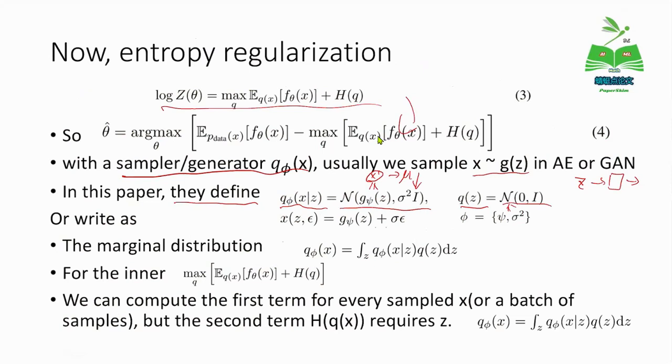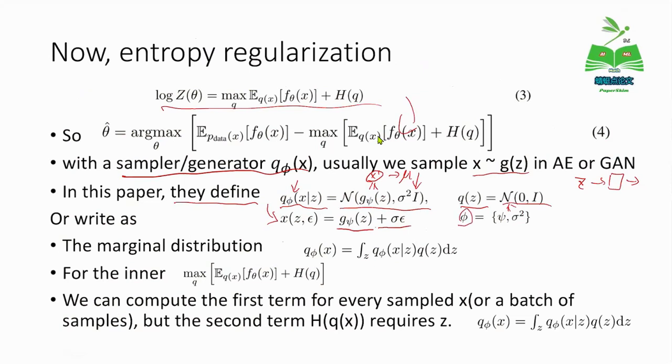So they define it as the distribution of Q_phi(X given Z). They sample X, or they can write a function like this one: they generate data from Z with the generator and add some noise.